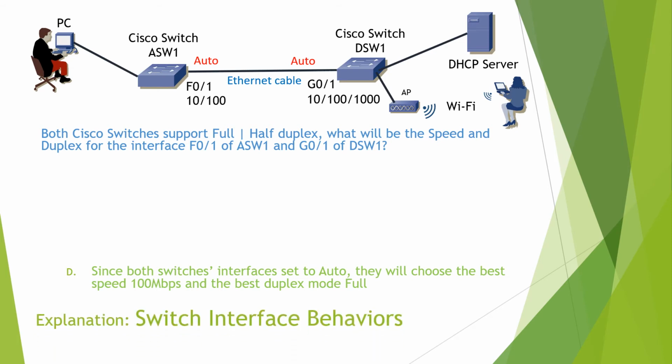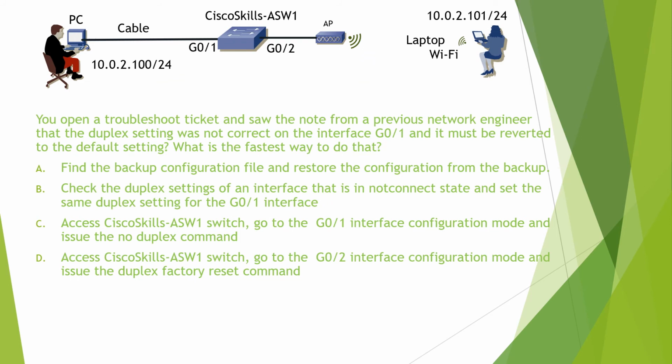Switch interface behaviors. The question reads: you open a troubleshoot ticket and saw the note from a previous network engineer that the duplex settings was not correct on the interface G0/1 and it must be reverted to the default settings. What is the fastest way to do that?